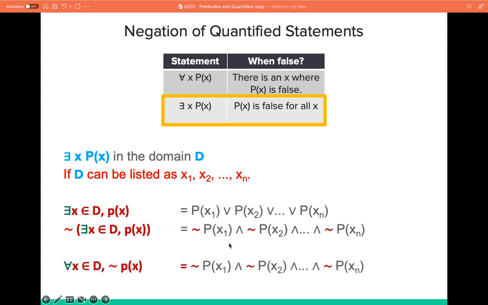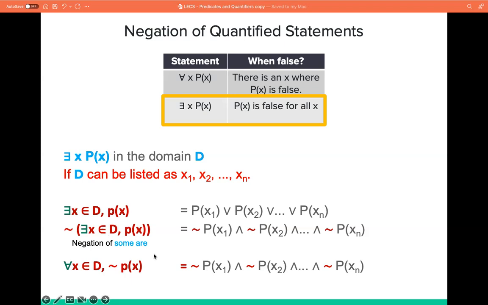Meanwhile, consider this universal quantification: for all x in D, not P of x. Because this is tied to conjunction, this is equivalent to this statement: not P of x sub 1, and not P of x sub 2, until not P of x sub n. So as you can see, they are logically equivalent. This existential quantifier, as we have mentioned, refers to some are.